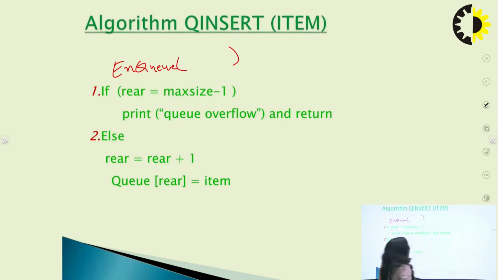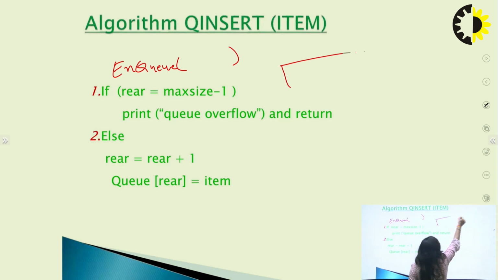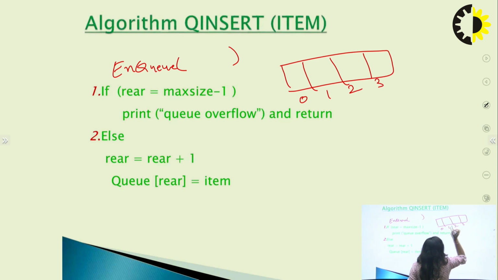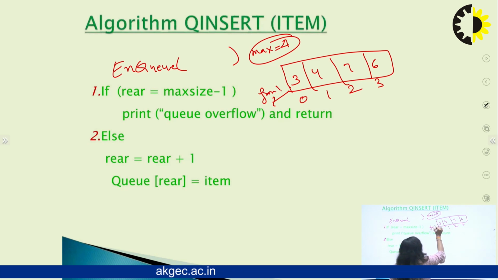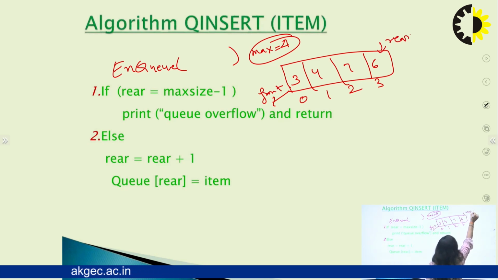The NQ operation is the same as push in a stack, but we check whether rear equals maximum size minus 1. Let's take a queue example with locations 0, 1, 2, 3, so your maximum size is 4. Here the values are already inserted. This is your front and this is your rear.